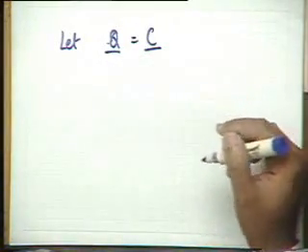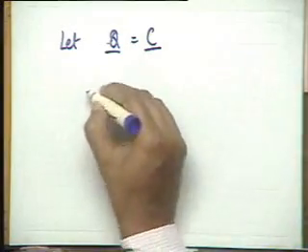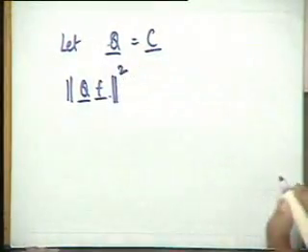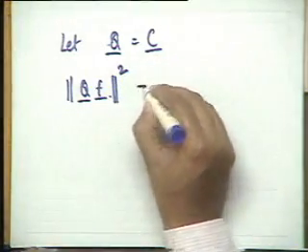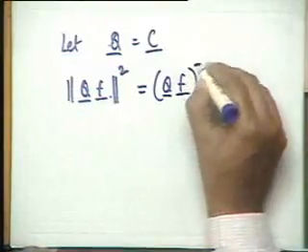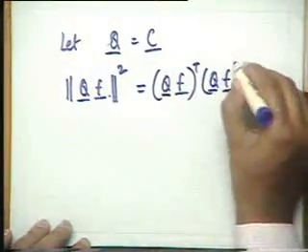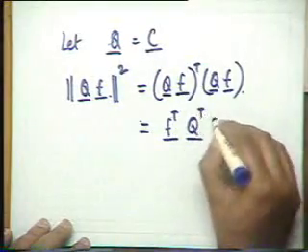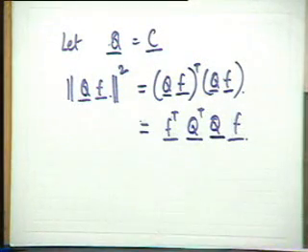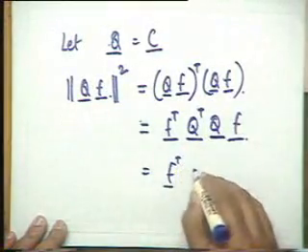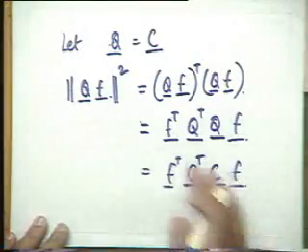Then one thing which we can do is, since we have to do minimization of the norm of QF squared, this can be written in matrix form as (QF) transpose (QF). And this is going to be F transpose Q transpose Q F. Since we have chosen Q equal to C, our minimization should be a minimization of F transpose C transpose C F. This is exactly what we wanted, isn't it?